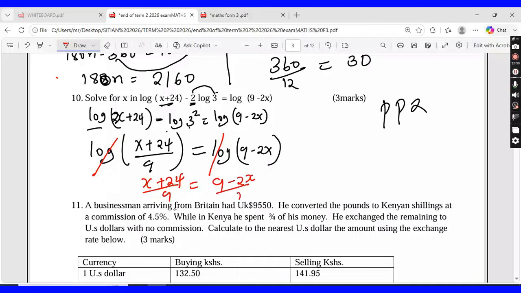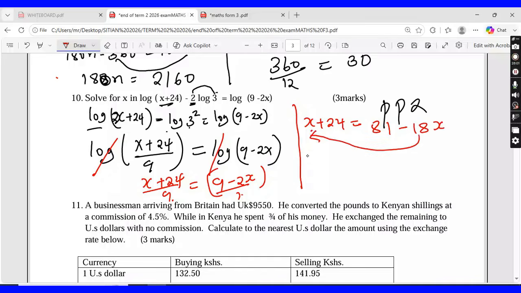You can put over 1 and cross multiply. So you will have 1 times this, that is x plus 24 is equal to 9 times the whole of this, we will have 81 minus 18x. Like terms together, take this x to the left or to the right, whichever way. So bring this one to the left.